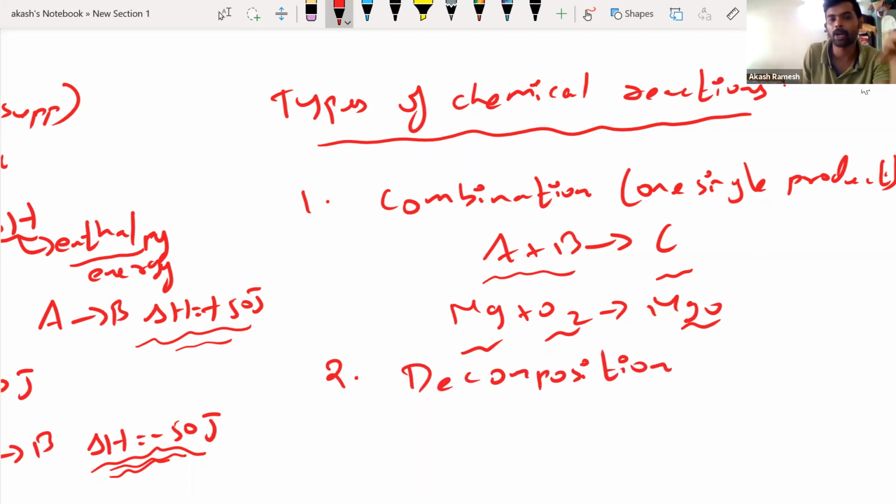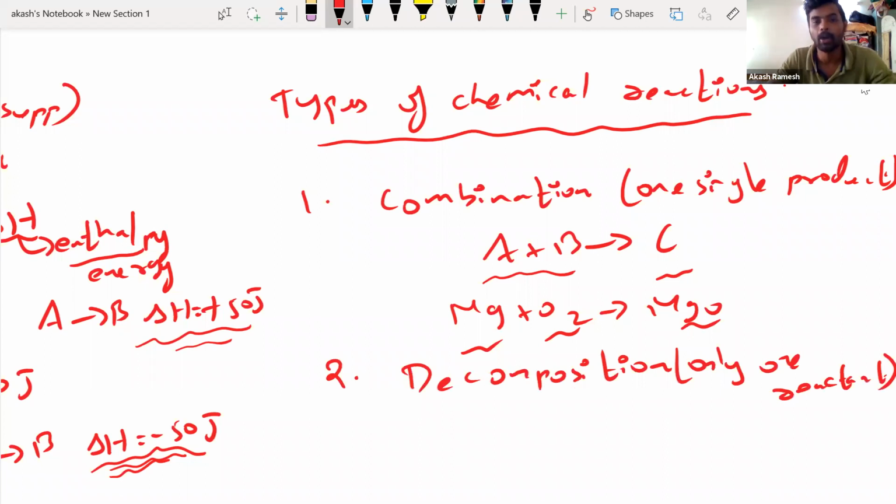reaction. Now it is exactly the opposite of combination. Here I should have only one reactant. Very important. Decomposing means one thing is getting separated into multiple things. A big chunk is getting separated into smaller stuff.